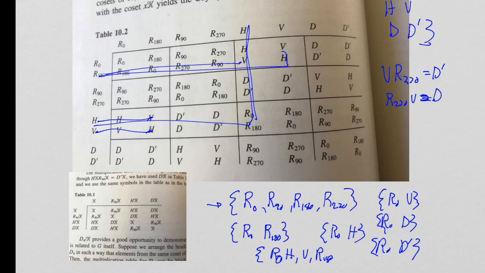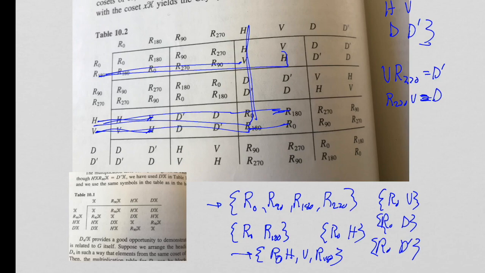And HV and VH are all R180, right? I got all that right. VV is 0, HV is R180. So it looks to me like that's a subgroup too.